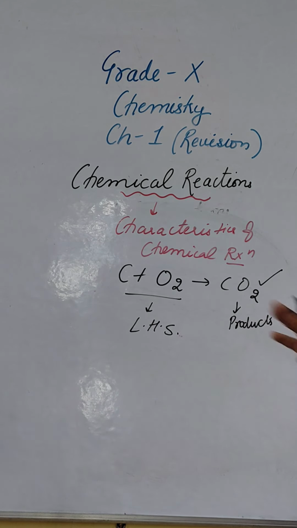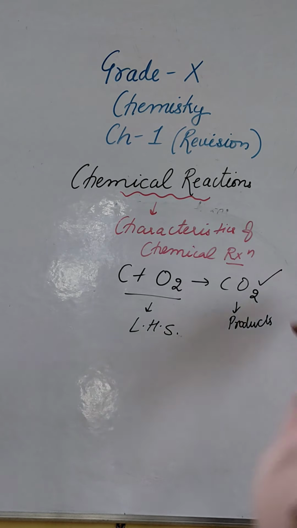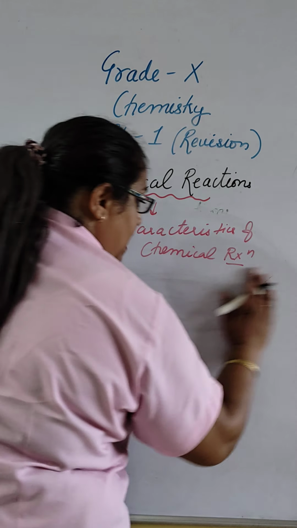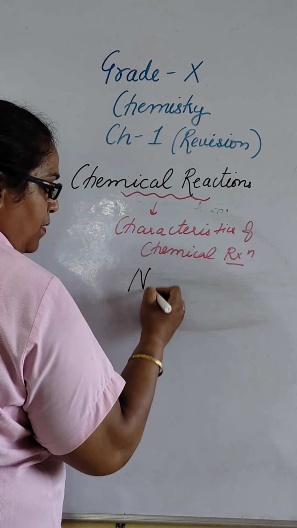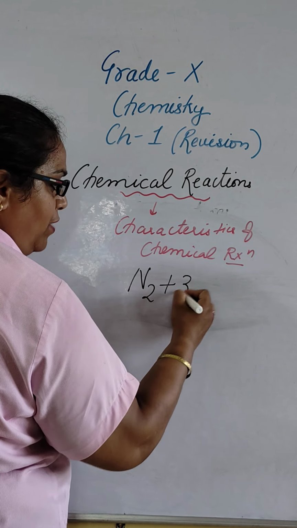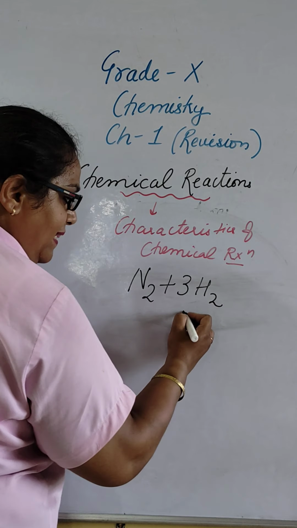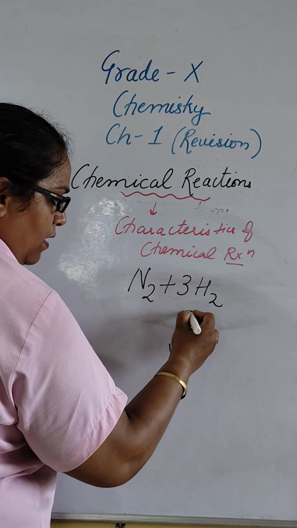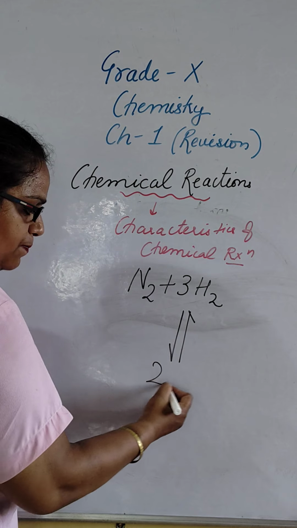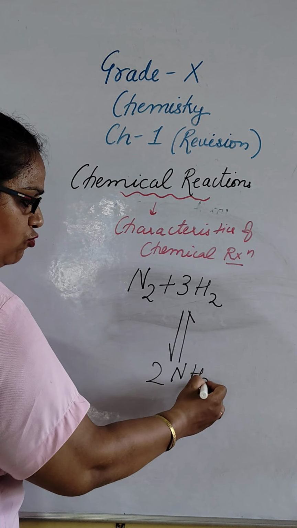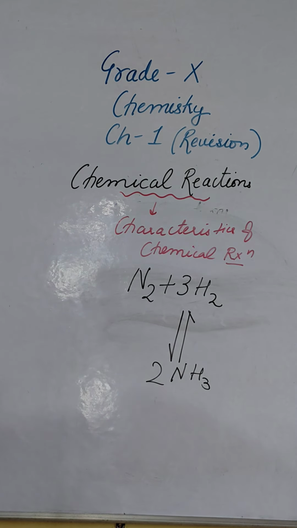Generally, this arrow represents an irreversible reaction, which means this reaction can proceed only in one direction. But dear students, we have so many reactions, like the production of ammonia, in which you will see this kind of double arrow.